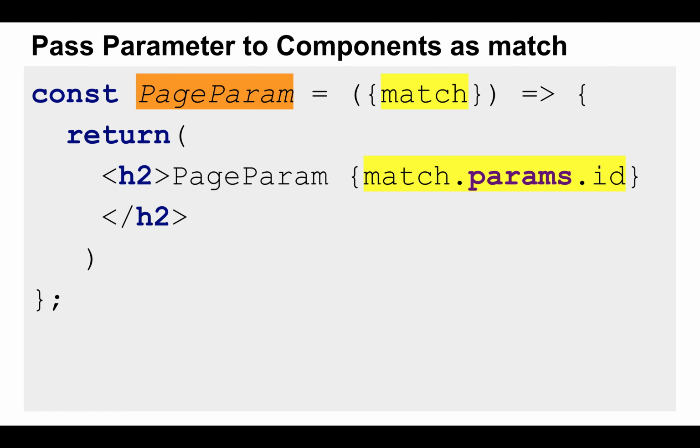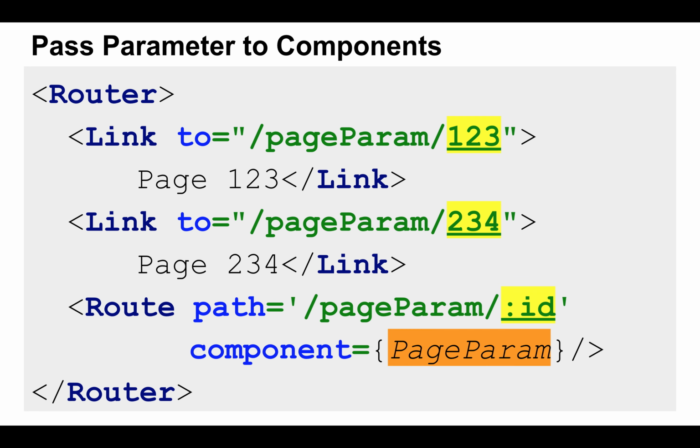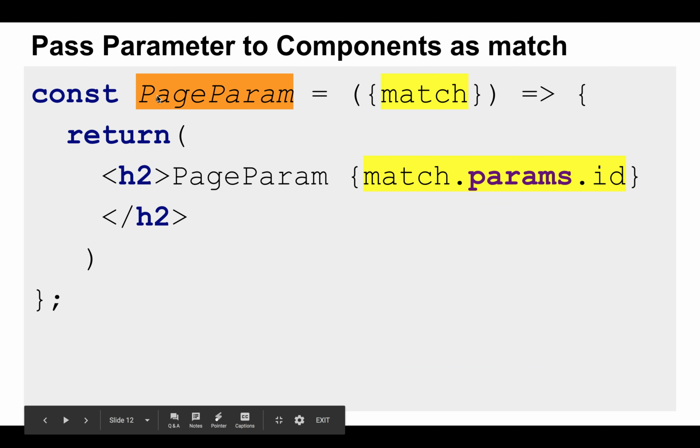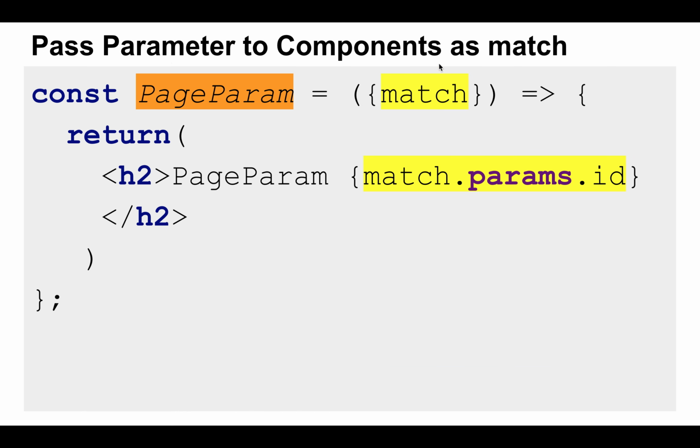So what can we do with that? Once we navigate into that component, in this particular case page param, here's a page param component. We can look at the parameter that came as part of the path through a map that is given to us that has this specific name, match.params.